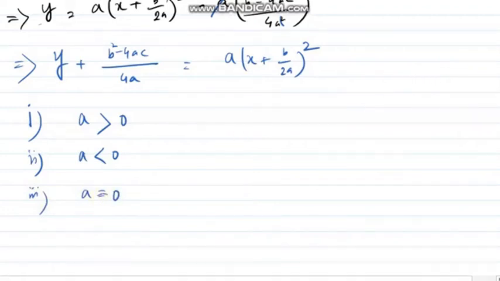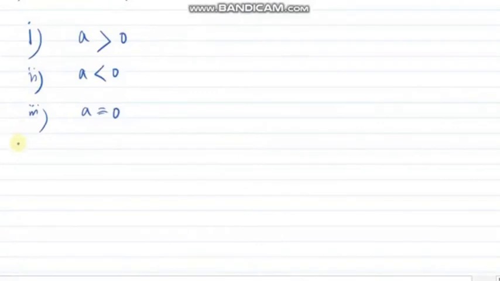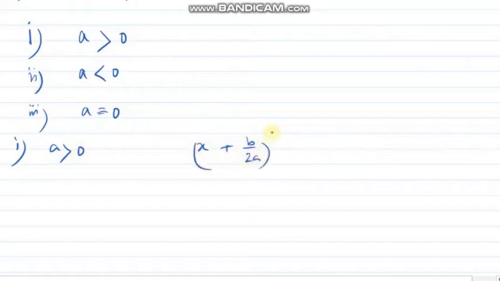So for the first case, if a is greater than 0, do you agree that (x plus b by 2a) whole square is a perfect square term, always greater than equals to 0? So the perfect square term can be 0 or a positive number, and in the first case a is greater than 0. So if I multiply these two, what am I getting?